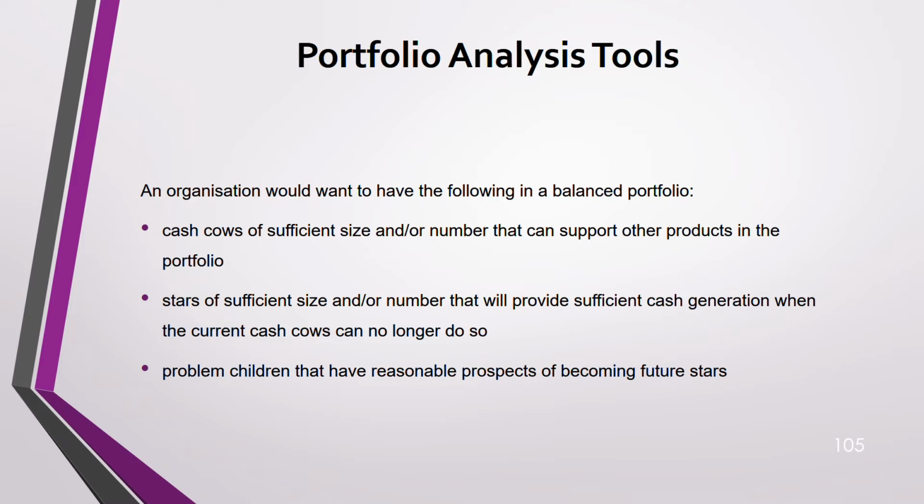Third, problem child. You need problem children that have a reasonable prospect of becoming a future star. You will not keep a problem child if it does not have any better future. If a problem child can become a future star tomorrow, then yes, better to keep it. Problem child is when your market share is low and your growth is high.